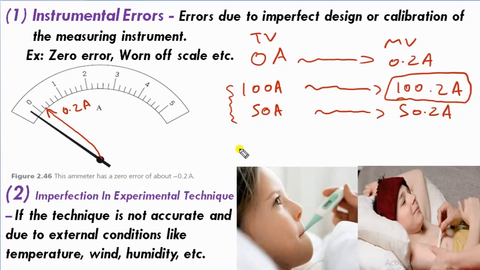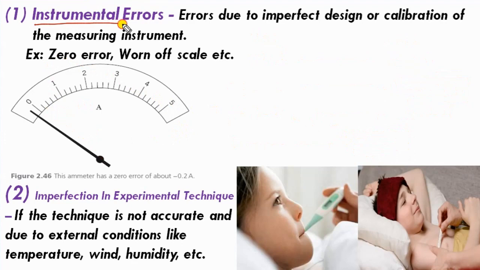Okay, so the zero error in each case is measured value minus true value, that is 0.2 ampere, right? Remember this, the zero error is also known as constant error because the magnitude of zero error is constant for a given instrument. Okay, let's take another example of instrumental error, that is a worn off scale.